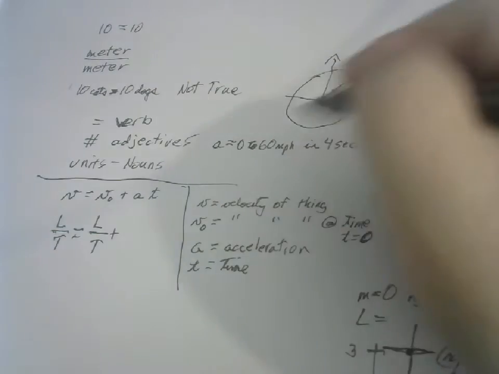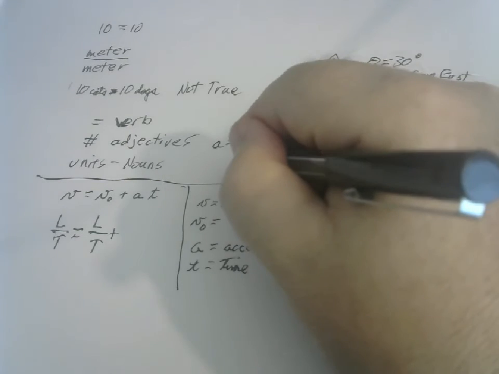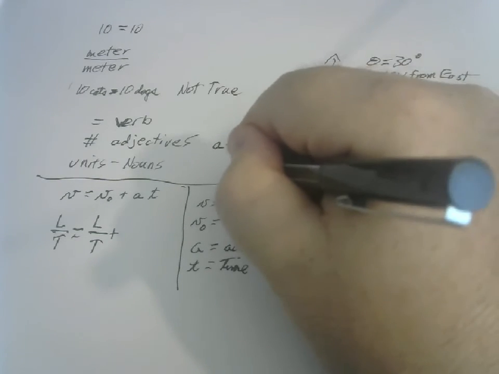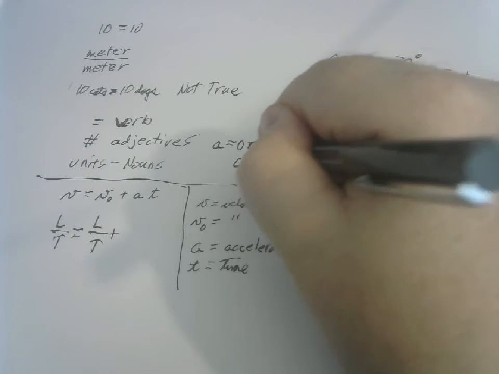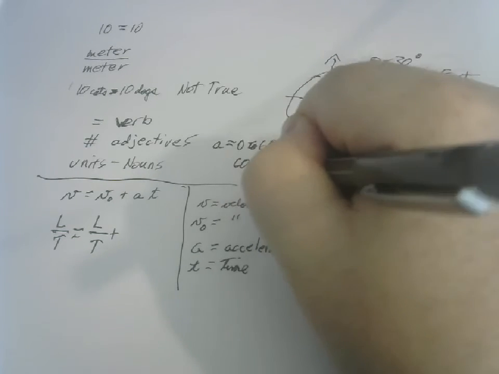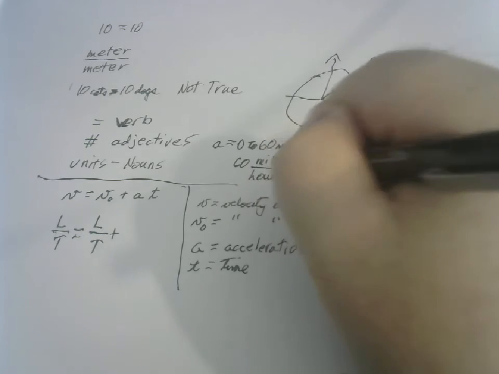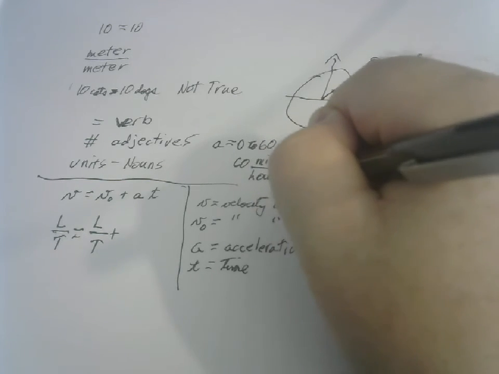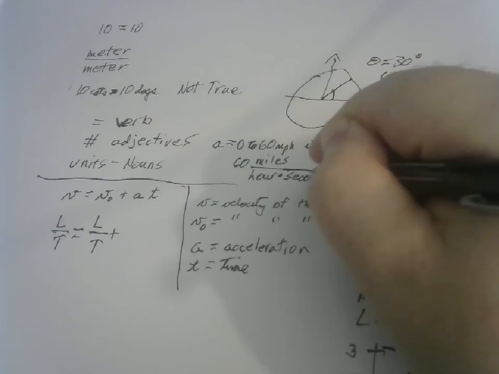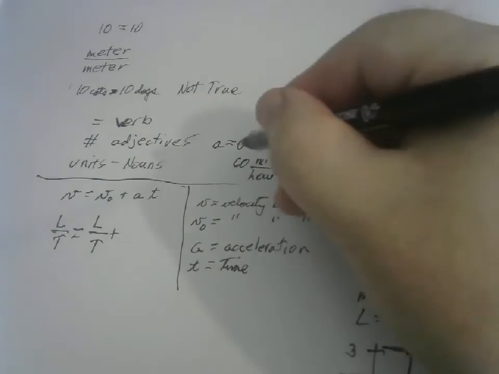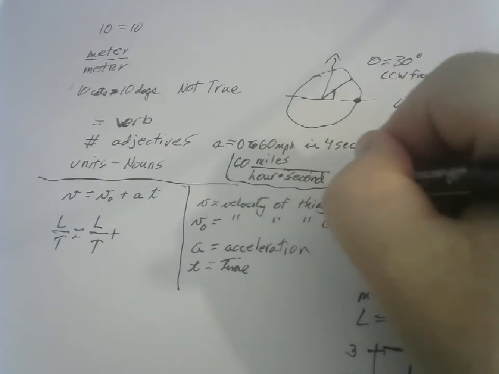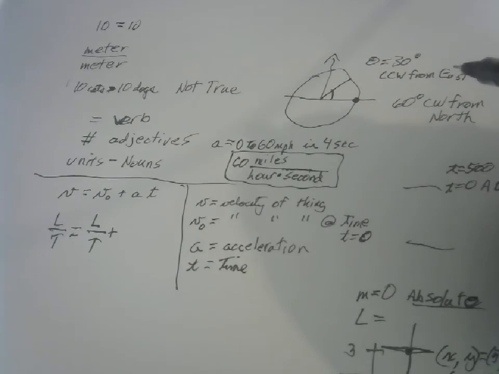You could write that as 60 miles per hour, and then per second is just right here, second. So that is 60 miles per hour per second.